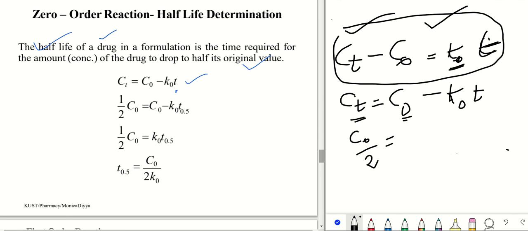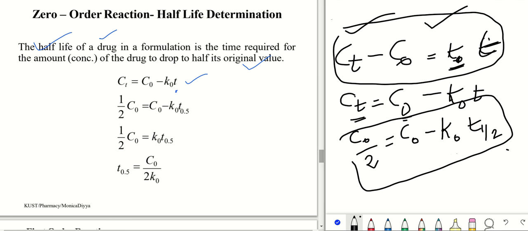C0 by 2 is equal to C0 minus K0 into T. T here we can write as T half.